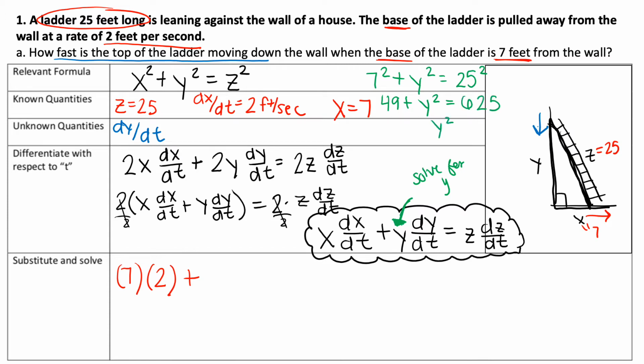So we have y squared equals 625 minus 49, which is just 576. Square rooting each side, we get our y value as 24. So just a little bit of fun bonus math hidden in there before we can actually plug in.